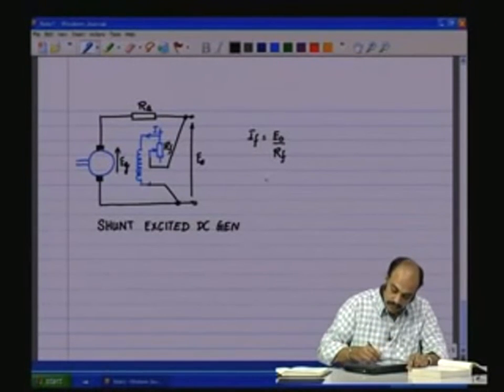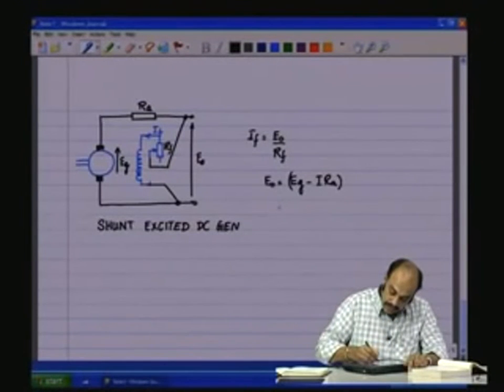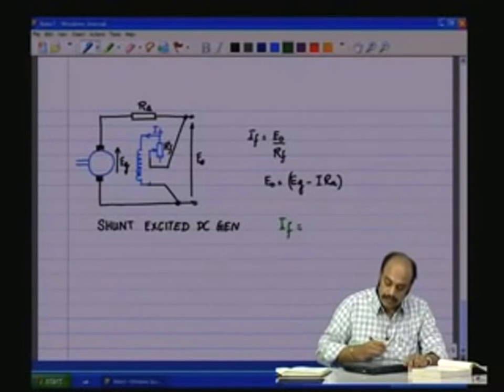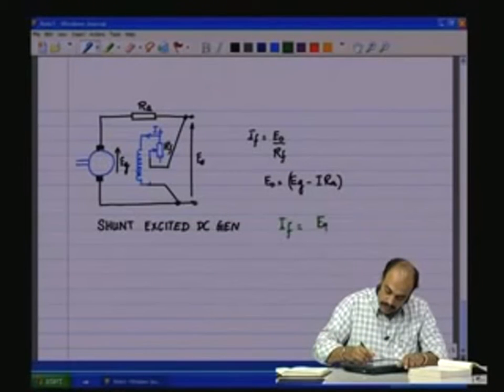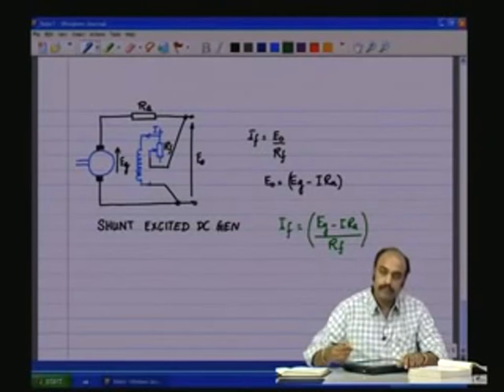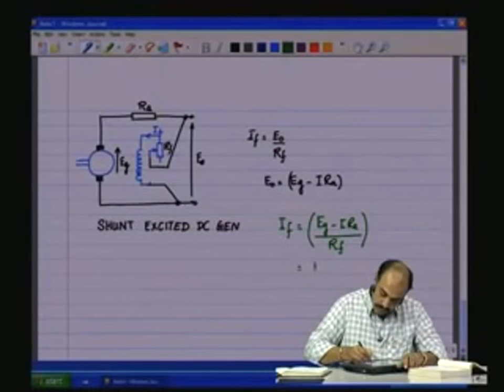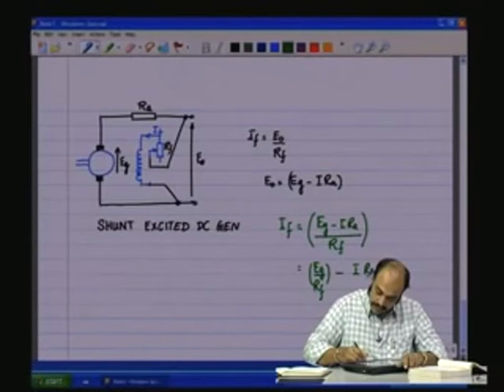Under load E naught is equal to E g minus I R A. So, then the IF, the field current, will be E g minus I R A by RF, which is equal to E g by RF minus I into RA by RF.